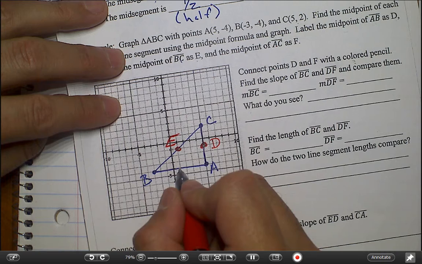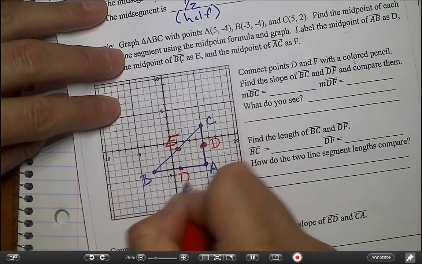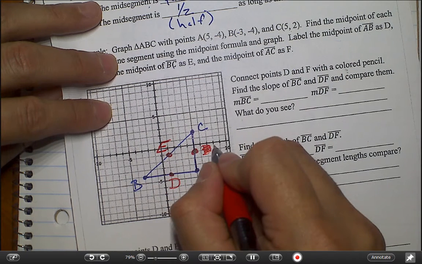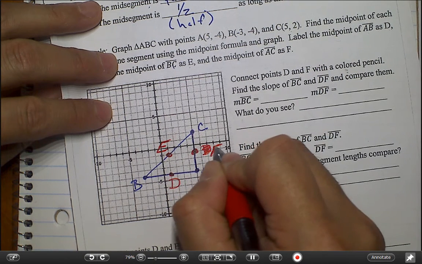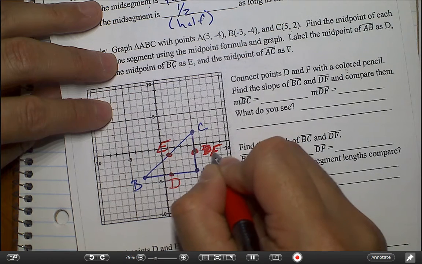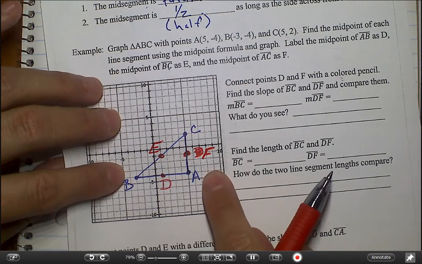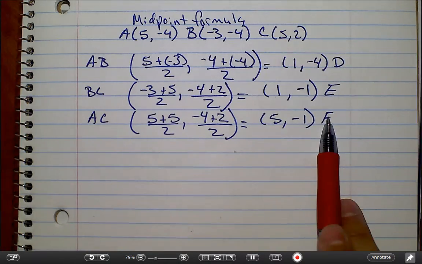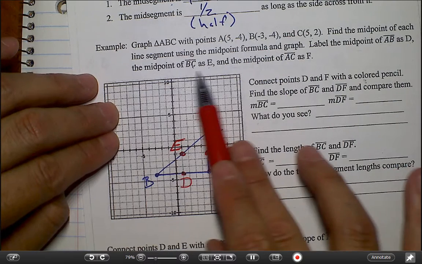Oh, I put them in the wrong spot. Dang it. So this one's supposed to be D. Sorry, I was trying to copy off my notes and I messed that up. Wow. All right, so we have our points right there. So AC is supposed to be F. Yeah, that one's right now. Okay, so now I have all those.